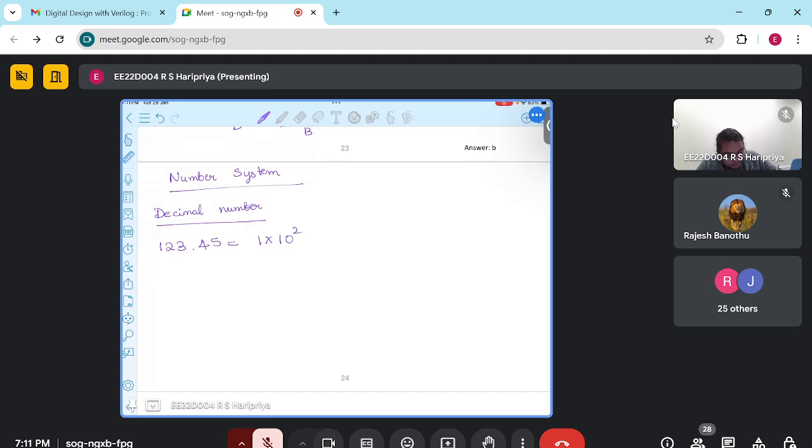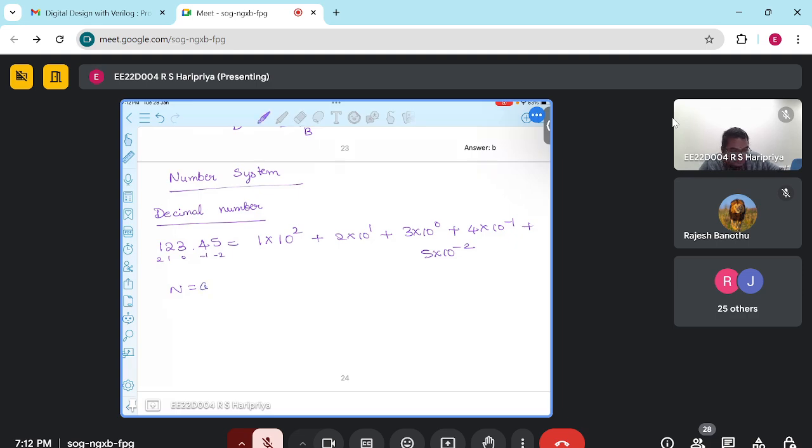So this will be raised to 0, 1, 2, minus 1, minus 2. So plus 2 into 10 to the power 1, plus 3 into 10 to the power 0, plus 4 into 10 to the power minus 1, plus 5 into 10 to the power minus 2.